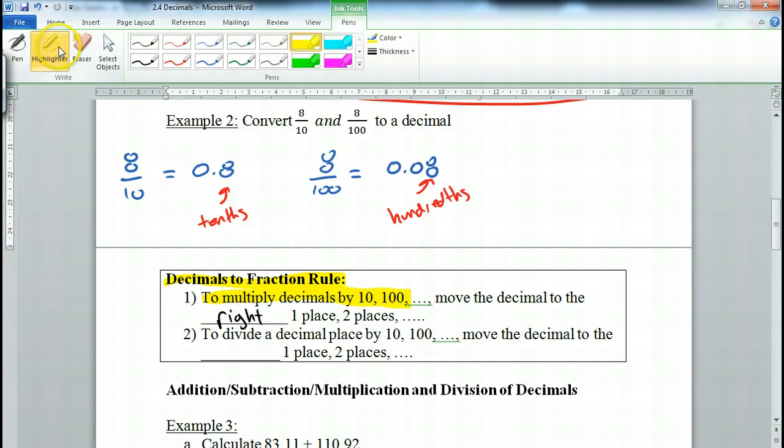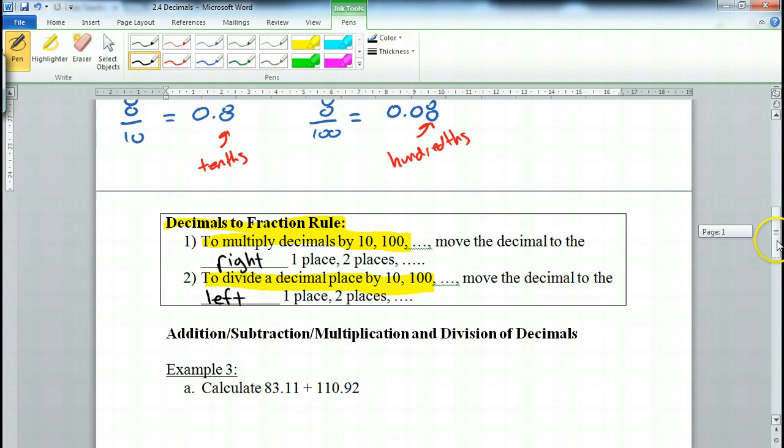Okay, to divide a decimal by 10, 100, 1,000, and so on, you move the decimal to the left, one place or two places, depending upon which number you're dividing by.